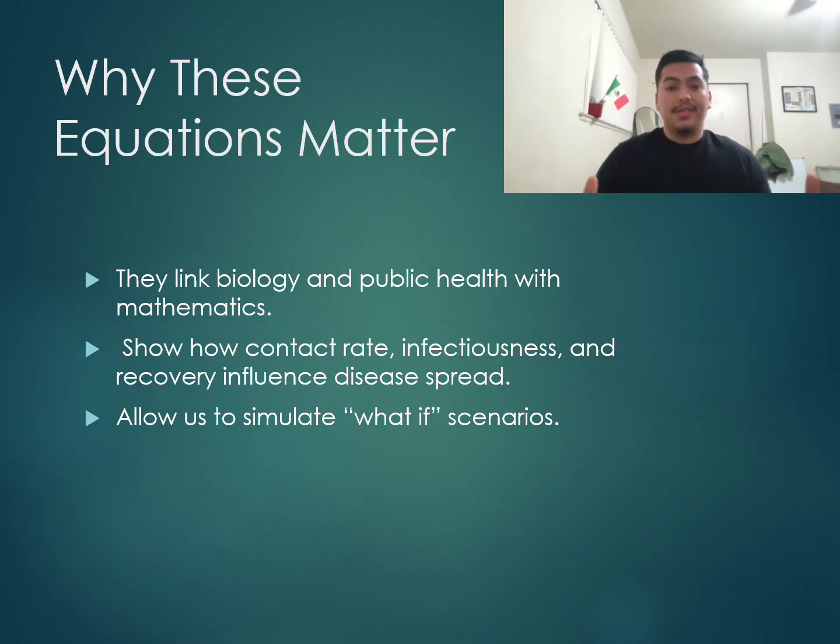Essentially, it helps us run simulations to see how fast the disease will spread, how long it will last, and how many people could be impacted. That's why this model is extremely important, because it allows us to guide real world policies for our benefit without actually putting it out there.